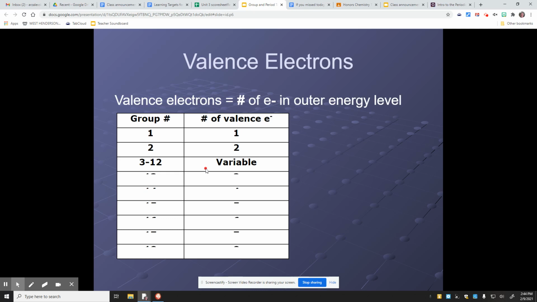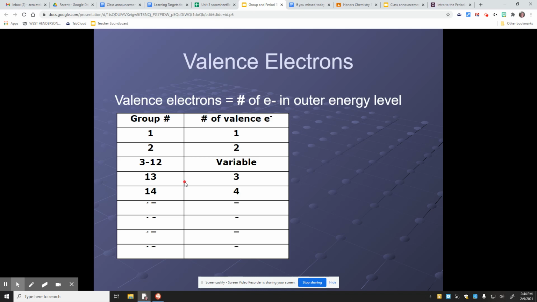Now we're going to go to those taller columns, so group 13. Group 13, the boron family, has 3 valence electrons. Not quite as easy, but maybe we can see if there's a pattern here. Group 14, the carbon family, has 4 valence electrons.